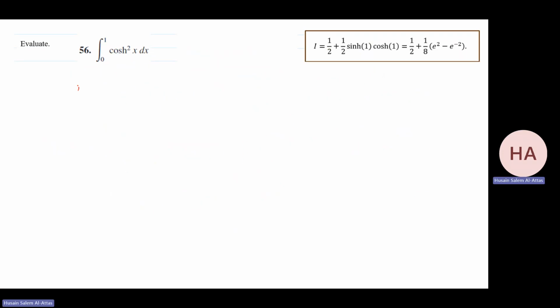Cosine hyperbolic square is half plus half cosine hyperbolic 2x dx. Now I can use that, and now I can do the integral. That means this one will be what? Half.